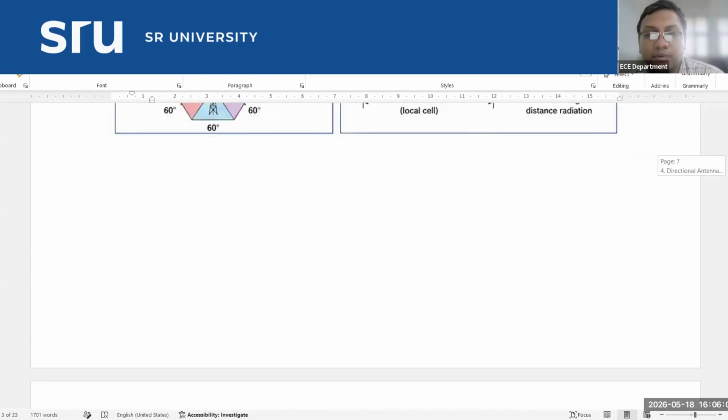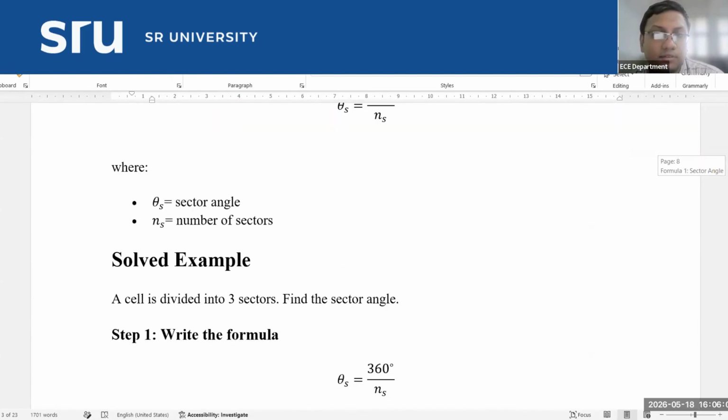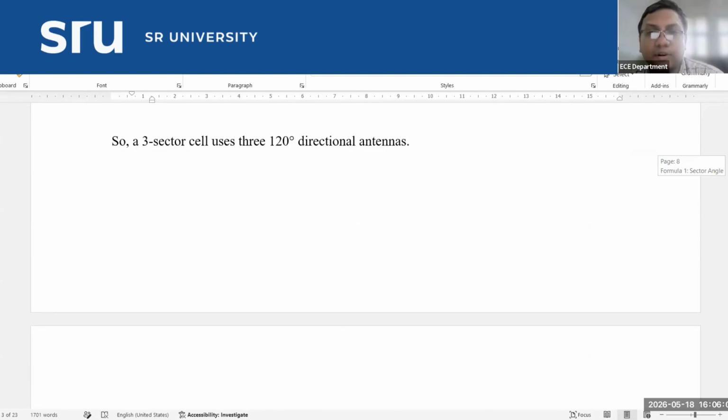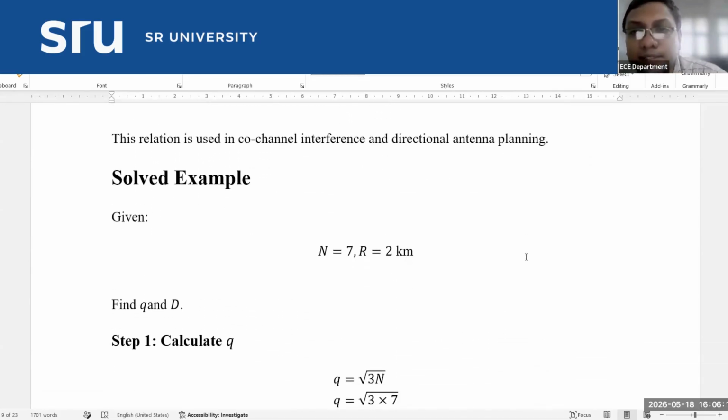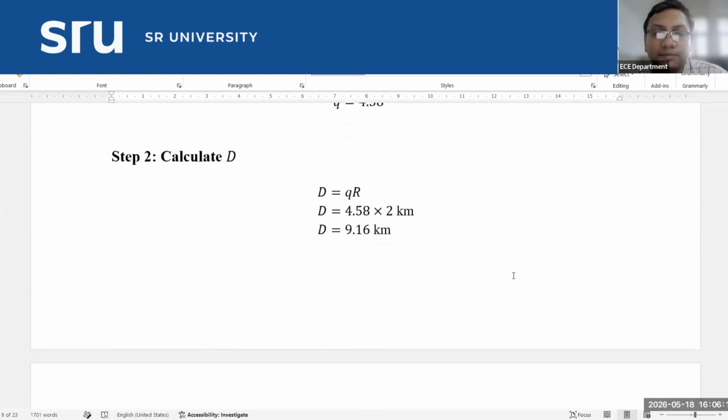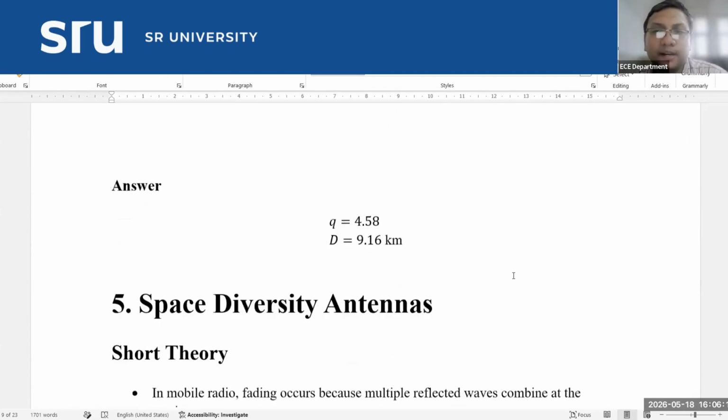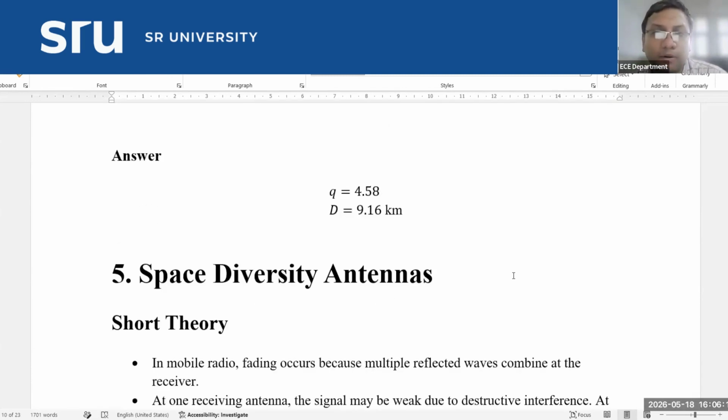So we should be very careful while we plan to use a high gain antenna for a receiver. For a transmitter, it's okay, no problem. High gain transmission is desirable because I know to which area or which cell I am focusing my power on.